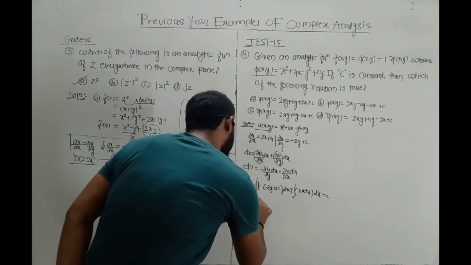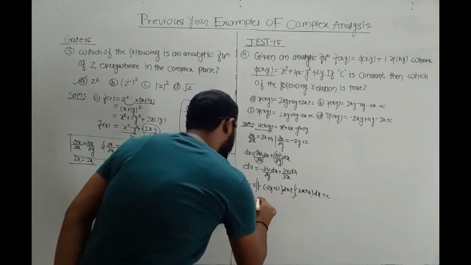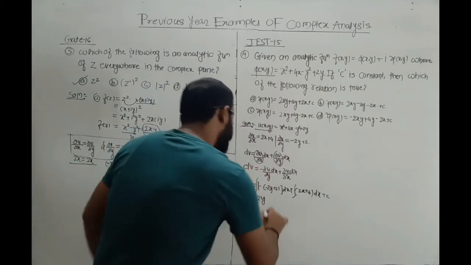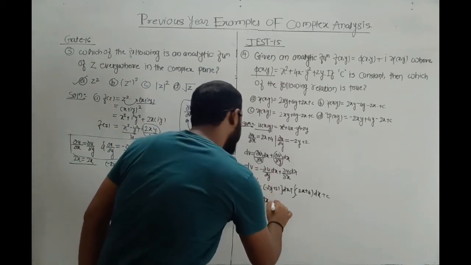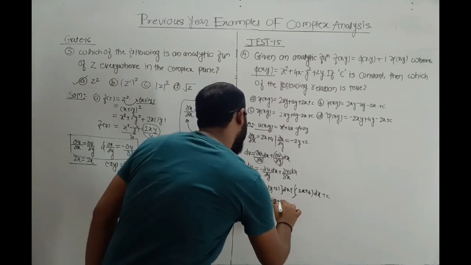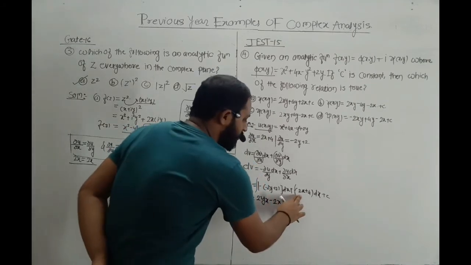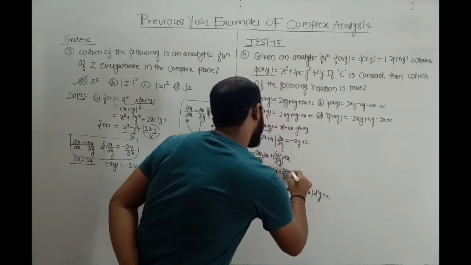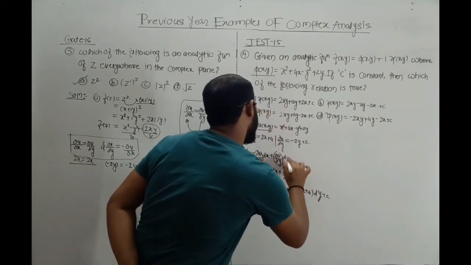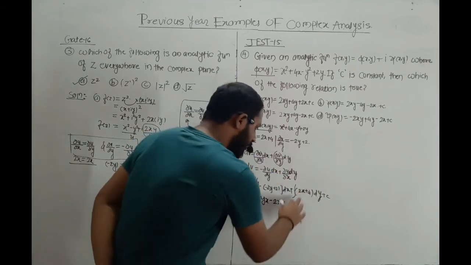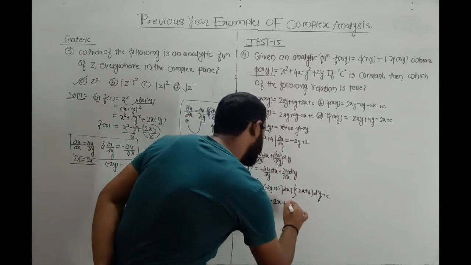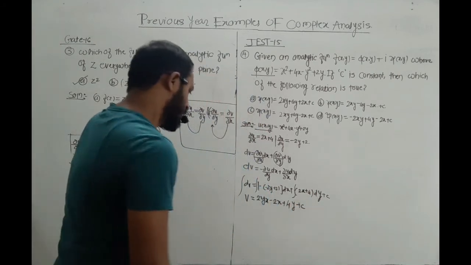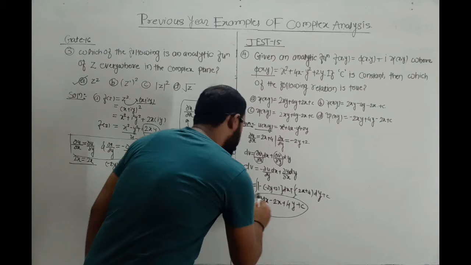Therefore v is minus 2y outside, integral dx gives x, minus 2 integral dx gives x. Here, sorry, arey y nahi chahiye bhai, dy. Where x is present, eliminate, 4 is constant, take it outside, integral dy gives y, plus c. This is your imaginary part.